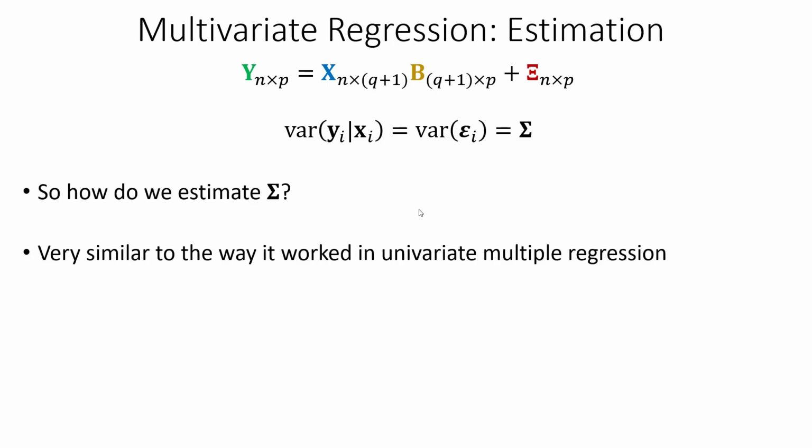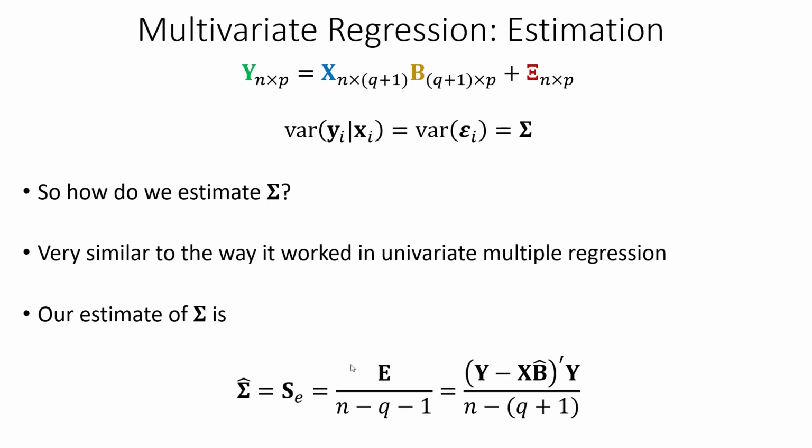We're going to take that estimate of E that we had in MANOVA and use it to estimate what sigma is. So our sigma hat, or the variance of our error terms, is just going to be E divided by its degrees of freedom. Our degrees of freedom is going to be the length of Y, which is n, and we're going to subtract how many parameters we have to estimate per Y.